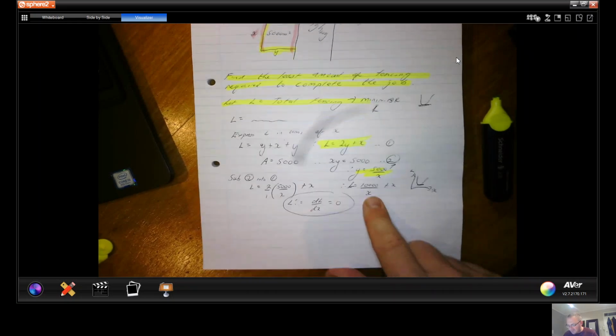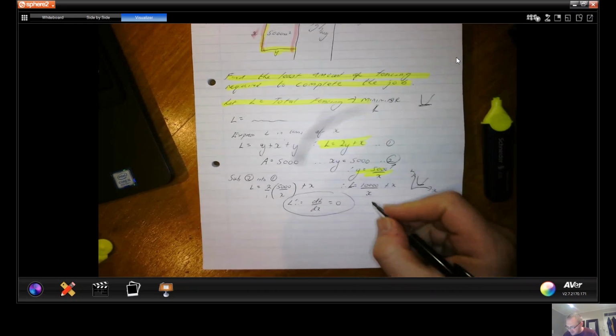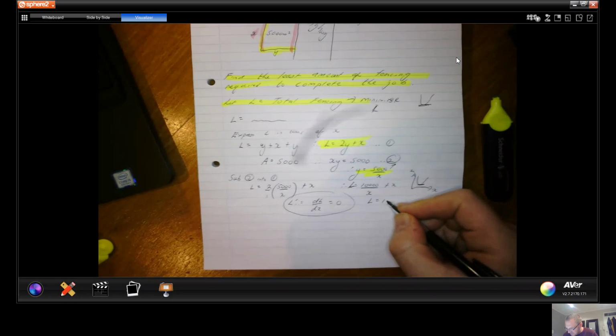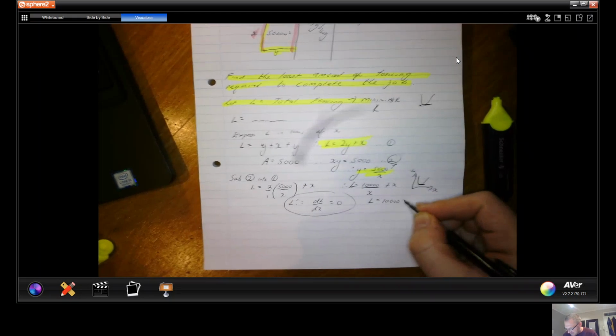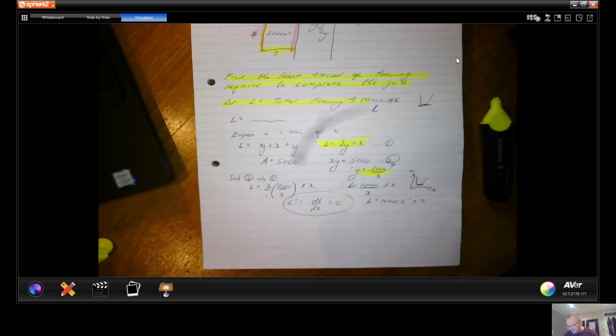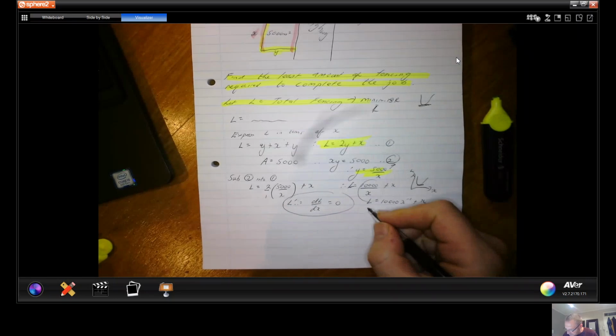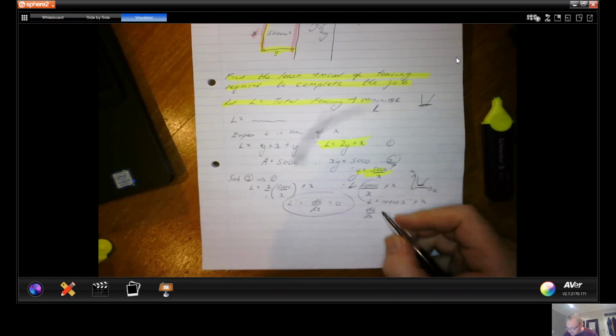And you should know that in order to differentiate, I can't have any variables in the denominator. So L is going to be equal to 10,000 x to the negative 1 plus x. If I move a power up, what happens? It's a single term, so I can move the power up and the sign of the exponent changes. Now I want to know where the gradient is 0, because that's where the minimum is going to occur. So I want to know where dL/dx is equal to 0.